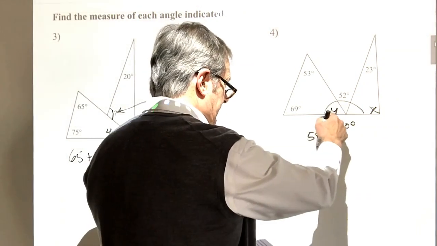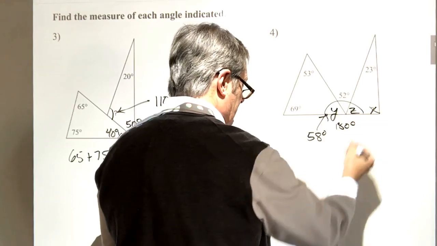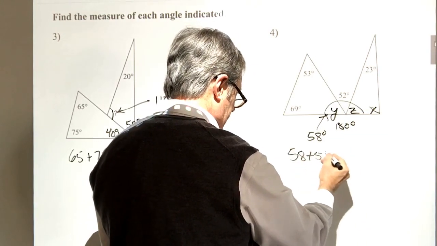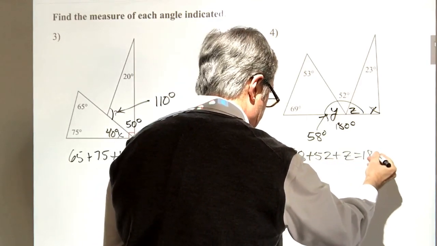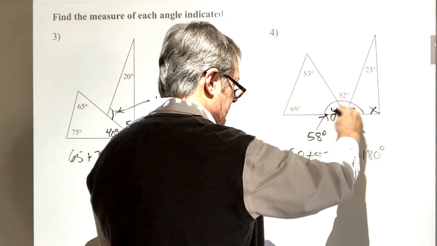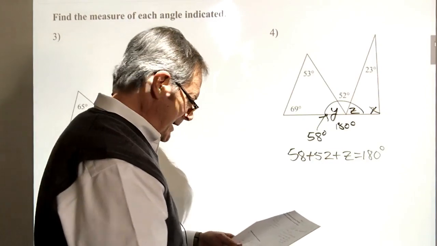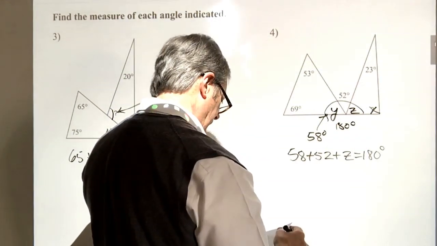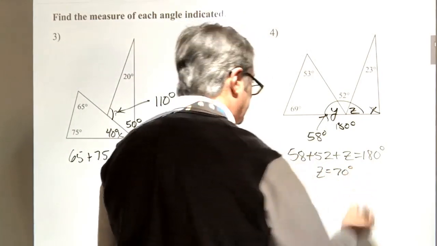Well, if I've got 58 here and 52 here, let's call that one Z. Well, 58 plus 52 plus angle Z has got to equal 180 degrees, because the three of these little angles all form a straight line in their base. So adding those up, I get that angle Z turns out to be 70 degrees.